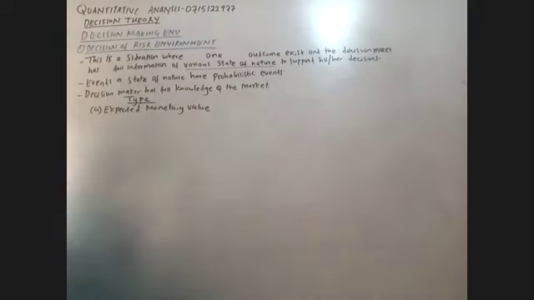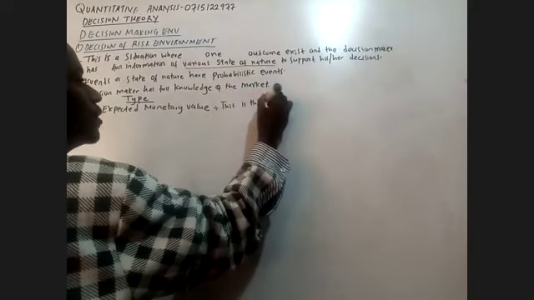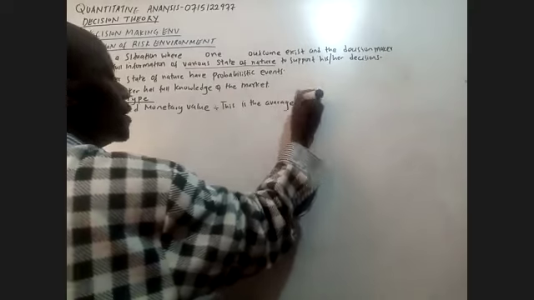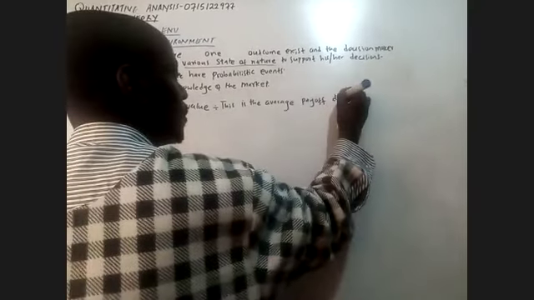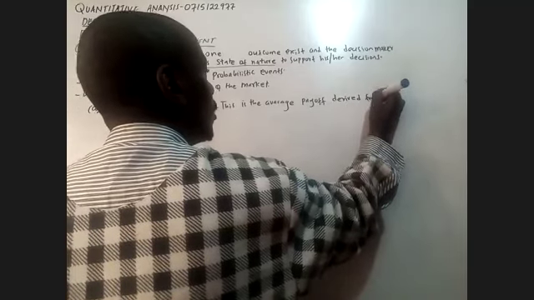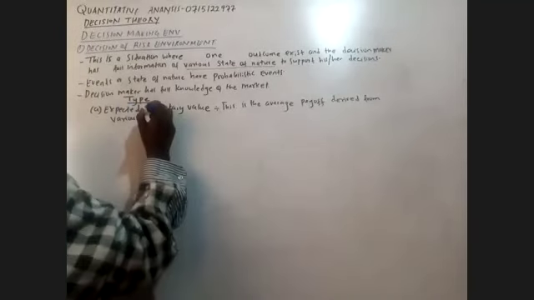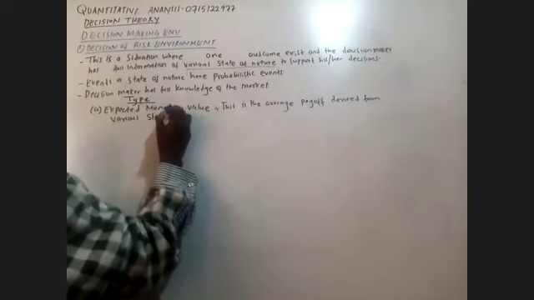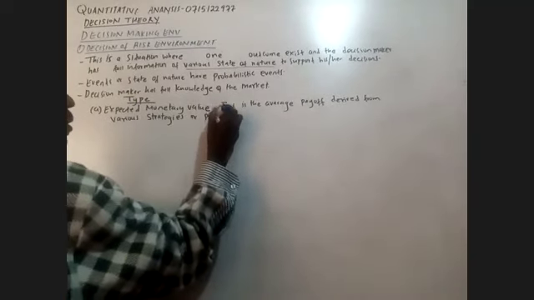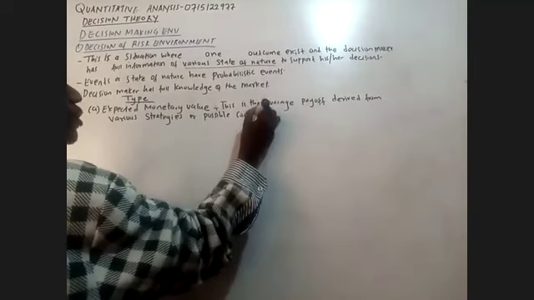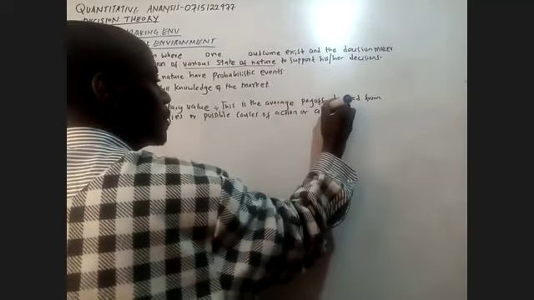Expected monetary value is the average payoff derived from various strategies or possible courses of action or alternatives.